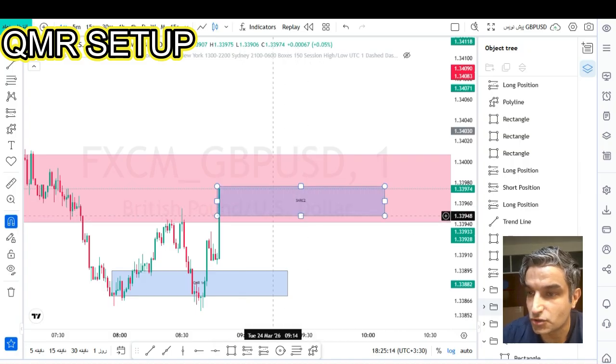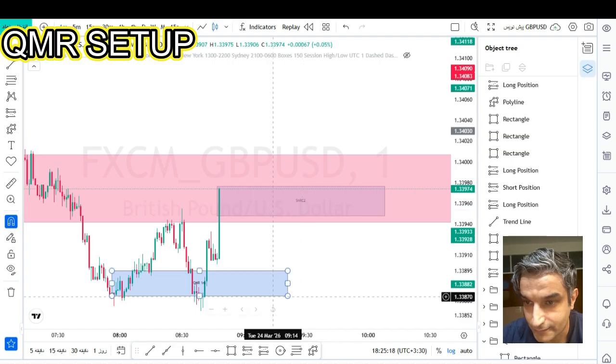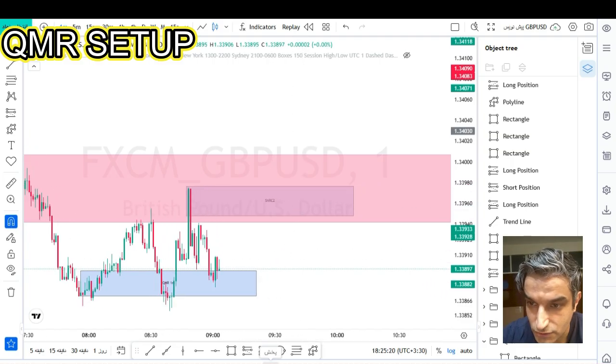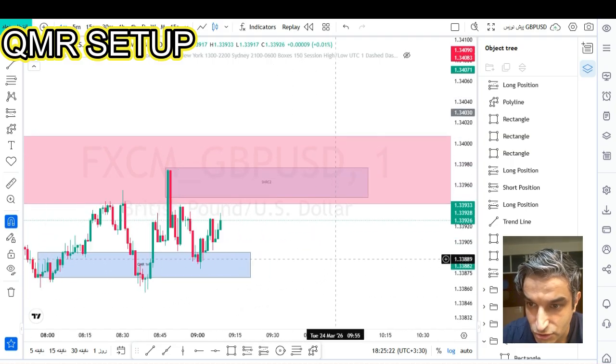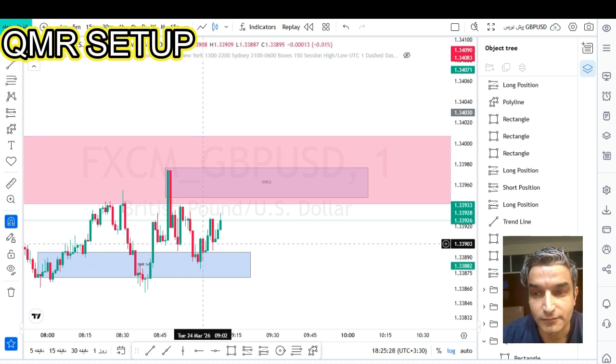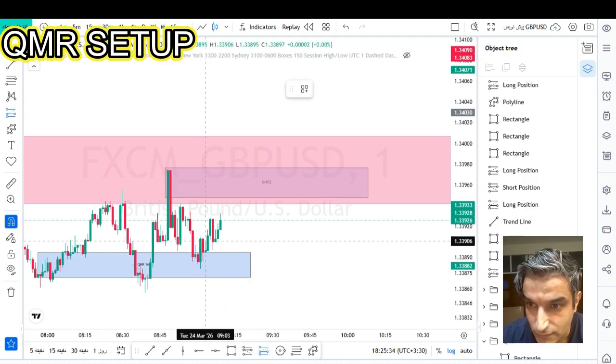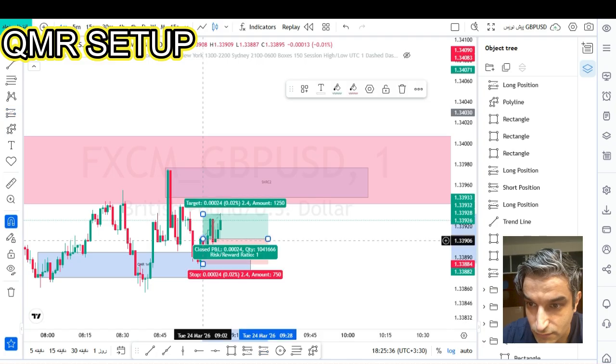I will show and teach this in future videos. Can you see? Price touched this area and we have a same time frame engulfing confirmation, and we enter after this candle closes.